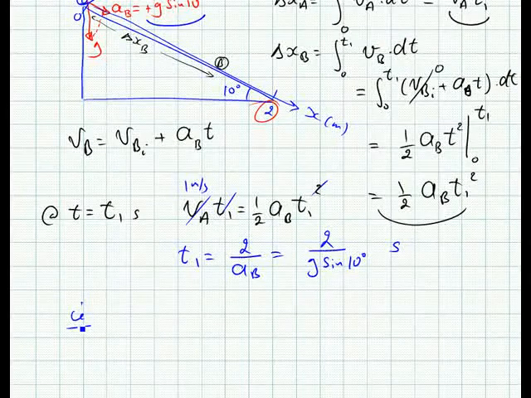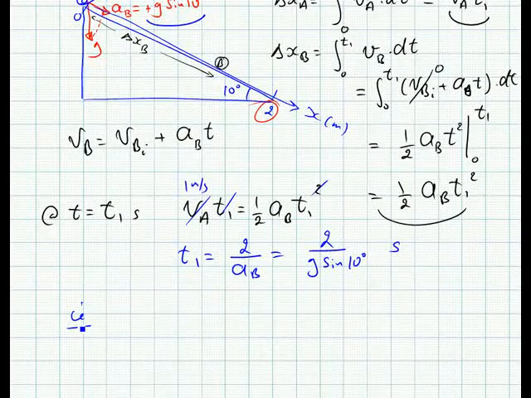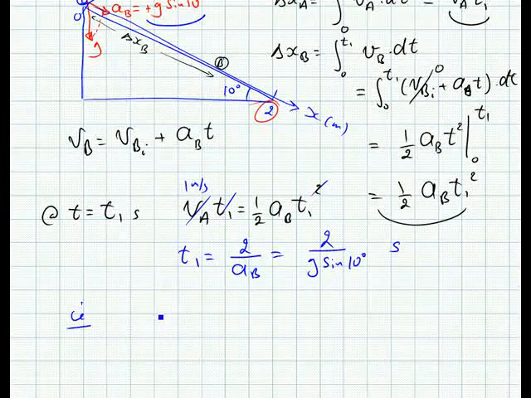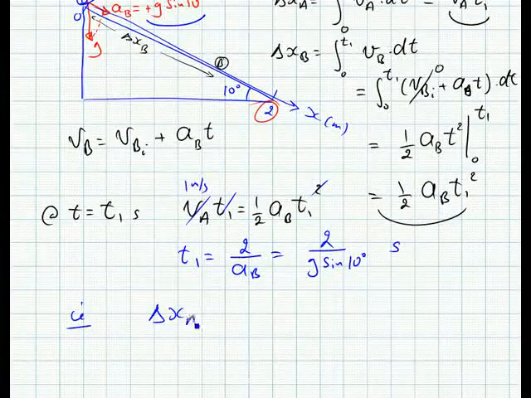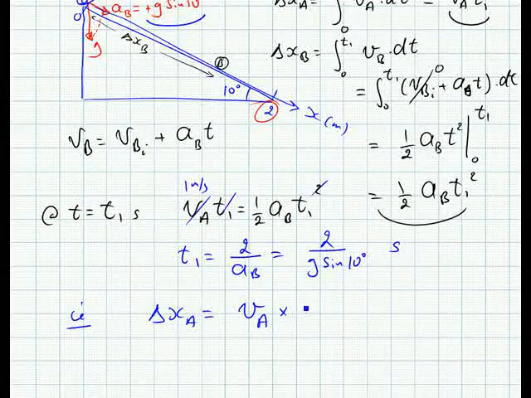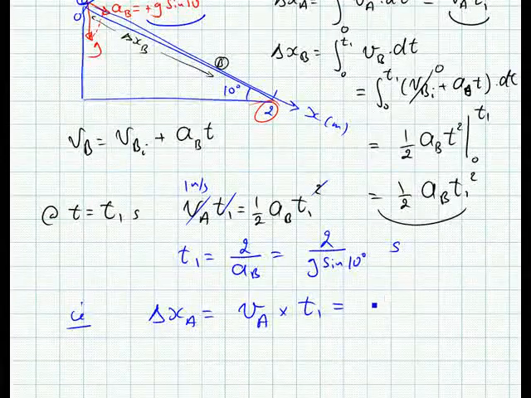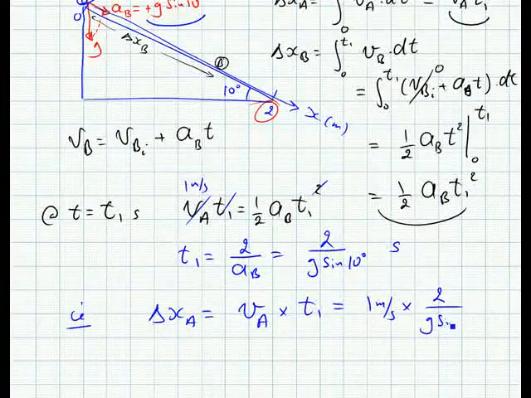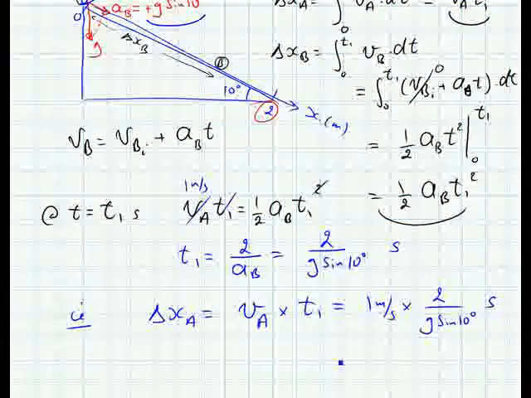I.e. what is the displacement now when ball B reaches ball A? To evaluate that, let's simply take a look at the displacement of ball A. Its displacement was simply velocity of A times t1, which is equal to 1 meters per second times 2 divided by G sine of 10 degrees seconds, and the answer I believe is 1.174.